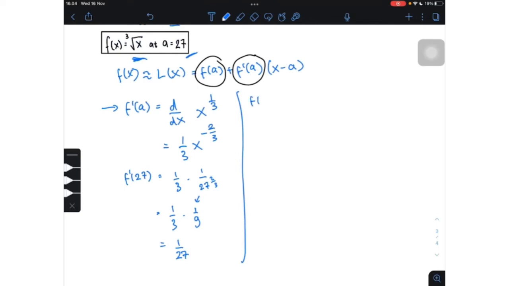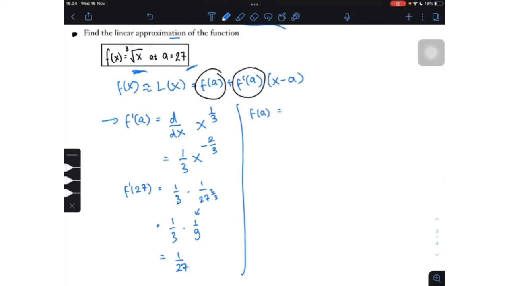We need to find the f of a. It's easy to find because we only need to put the 27 inside f of x, so the cube root of 27 equals 3. Then we can find the linear approximation, which is f of a, 3, plus f prime of a, 1 over 27, times x minus 27.